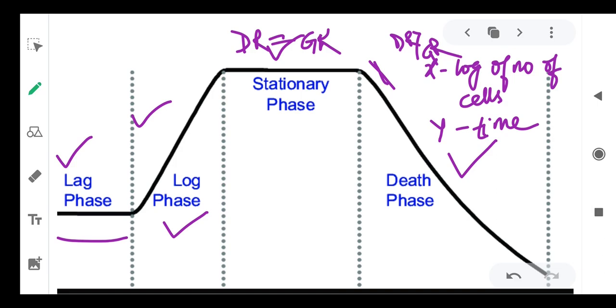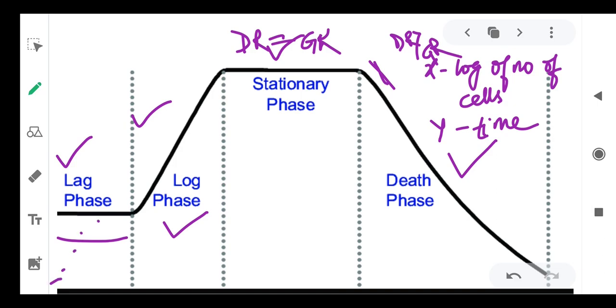So thus, from this particular graph, we get to see it is the lag phase, the log phase, the stationary phase and the death phase. And death phase goes down till the number becomes nearly nil. Again, you may be asking one question, why the growth graph has not started from the zero.